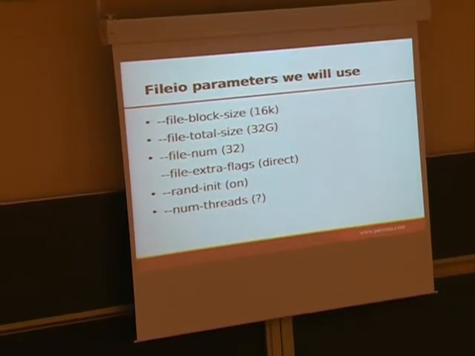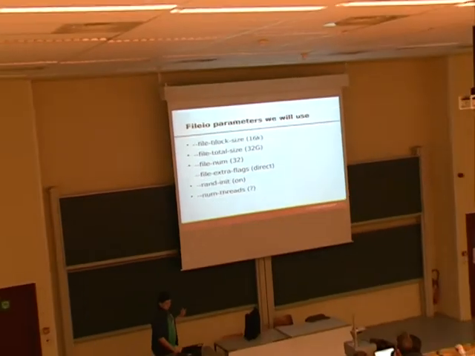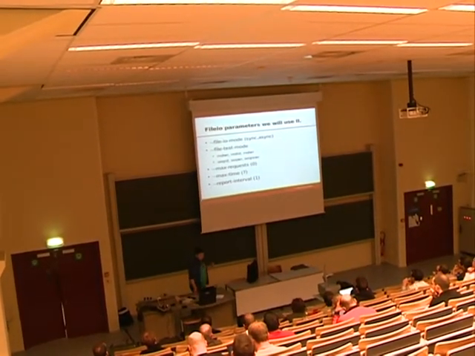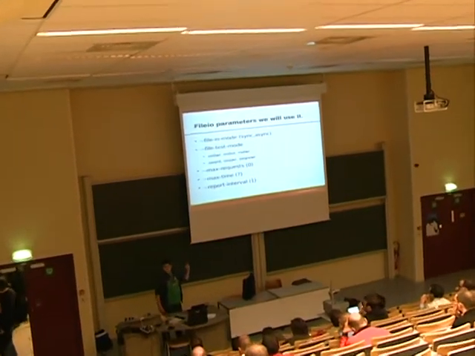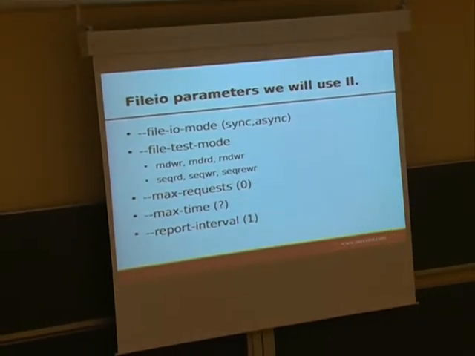We will initialize the pseudo-random numbers at the beginning of the benchmark, so we won't hit a bottleneck on random number generation. We will vary the number of threads. We will test synchronous and asynchronous I/O, and we will test random reads, writes, and random reads and writes in mix.